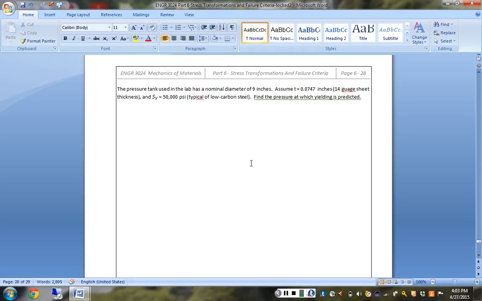And if you're looking at failure criteria and you want to know where it is that I get to yield, what do you know about that state? That your factor of safety is 1. So that's the trick that's going to let us do this. We're going to evaluate the case for a factor of safety of 1, and we know we have to use principal stresses to do this.